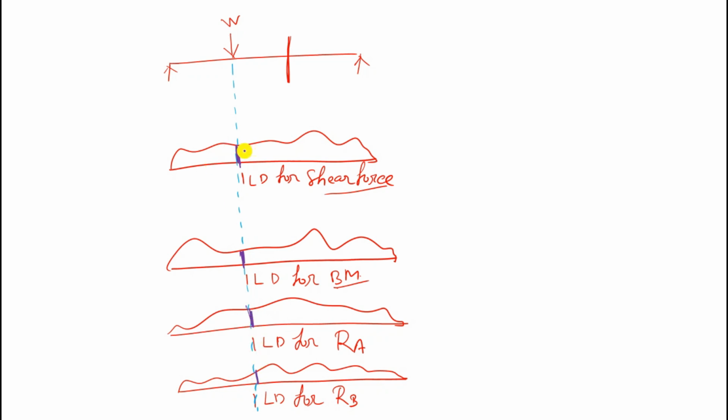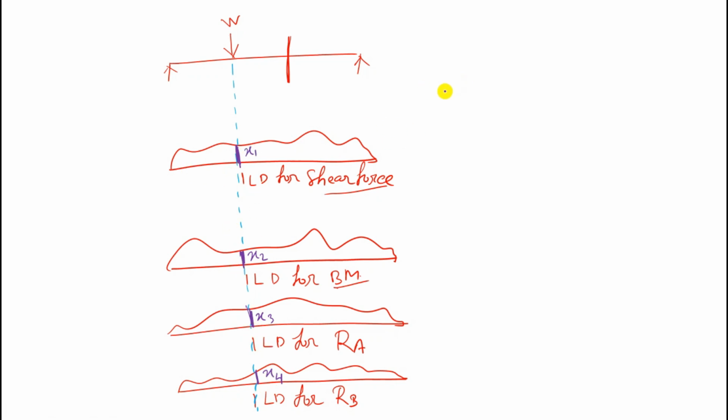Suppose this height is x1, and you have calculated this is x2, this height is x3, and this height is x4. The four diagrams are totally different. That's why at the same position we will get four different kinds of height.